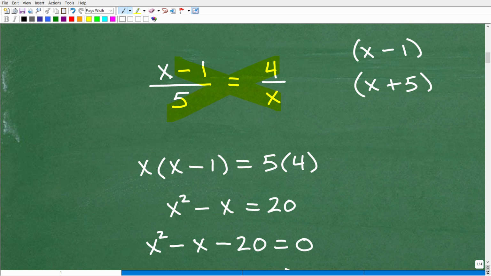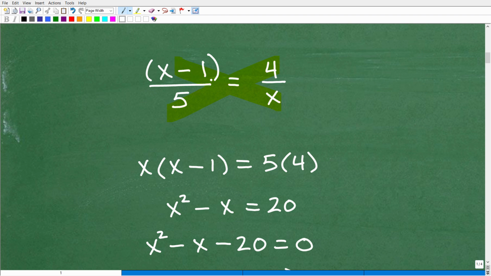I purposely left this out because a lot of you out there, when you were doing the cross product, you might say, okay, x times x minus 1, and just write x squared minus 1. Okay, that's a common mistake. That's absolutely incorrect.